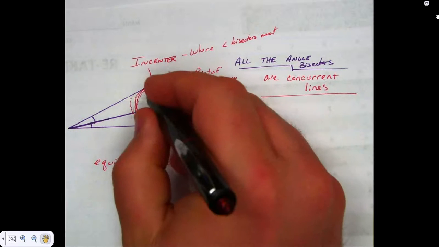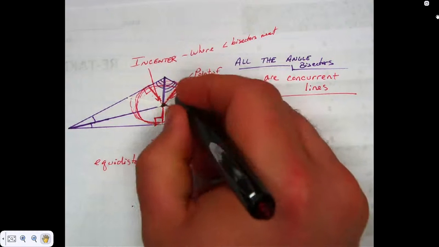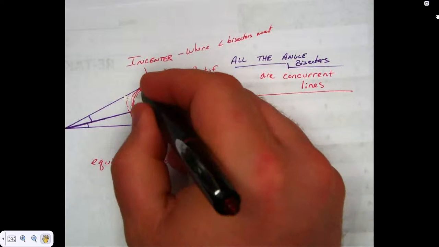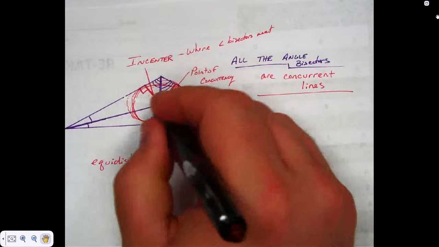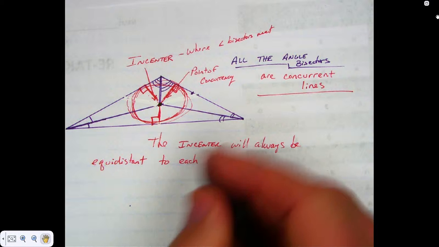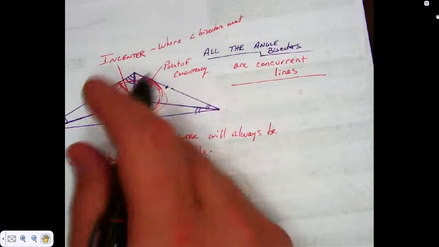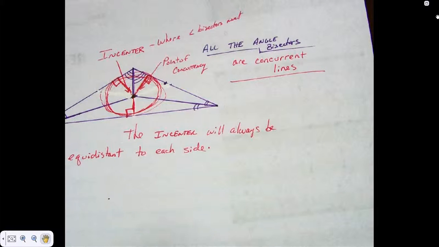This distance here, here, and here is all the same, and that's the radius of the circle with a center right there. So that's what you need to remember about the in-center. That's what's special about where the angle bisectors meet. Okay?